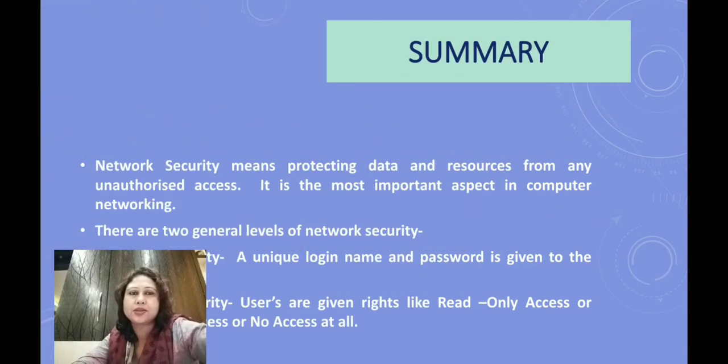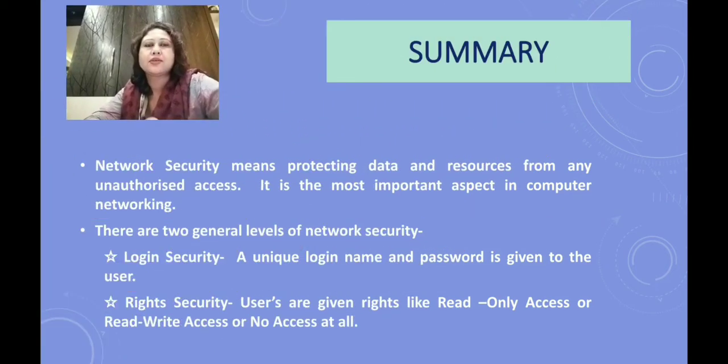So let us summarize. In our today's class, we have learned that network security means protecting our data and resources in a network from unauthorized access, so that other people cannot use the data. It is the most important aspect of computer networking. Then we have recapitulated that there are two general levels of network security.